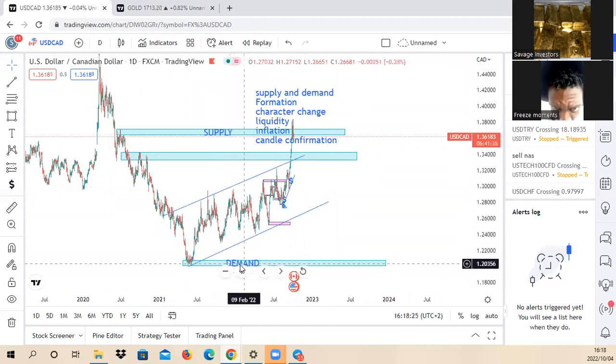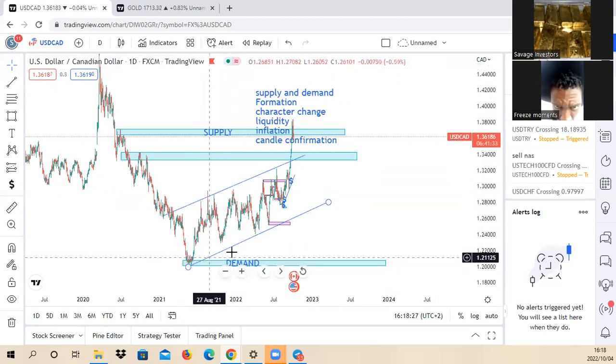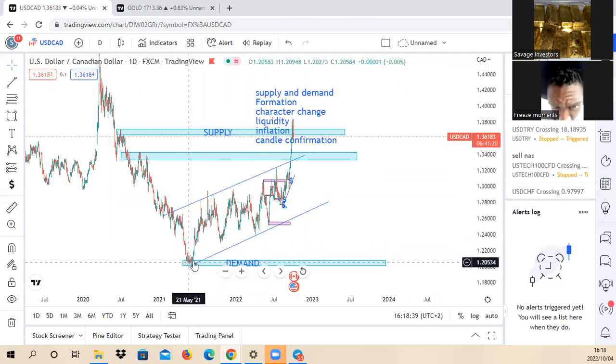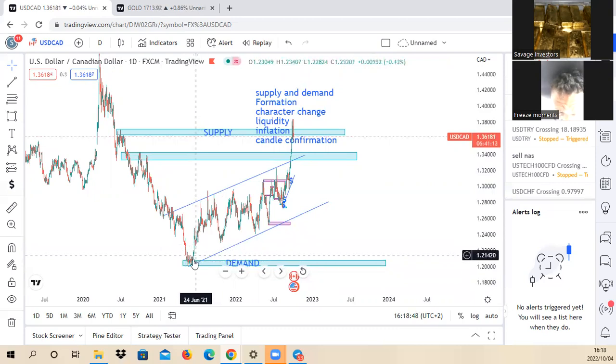As you can see, the demand was basically retail. The retailers are basically the people who funded the market. So you don't want to trade a trend. Like people say, trade the trend, but you're not supposed to trade the trend, because the trend is what creates the liquidity in the market.